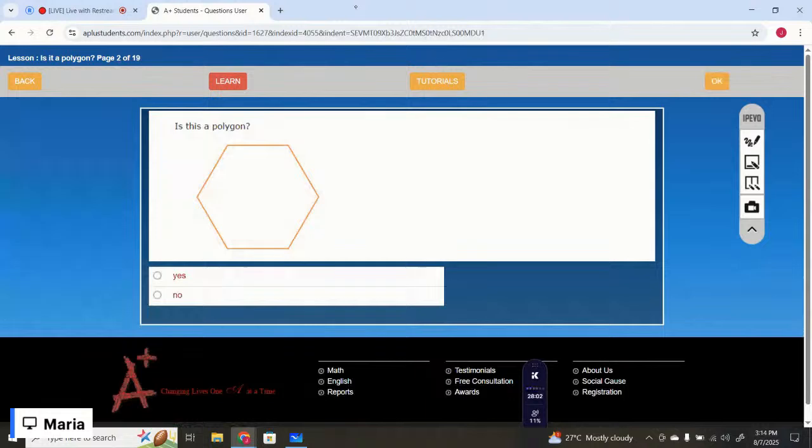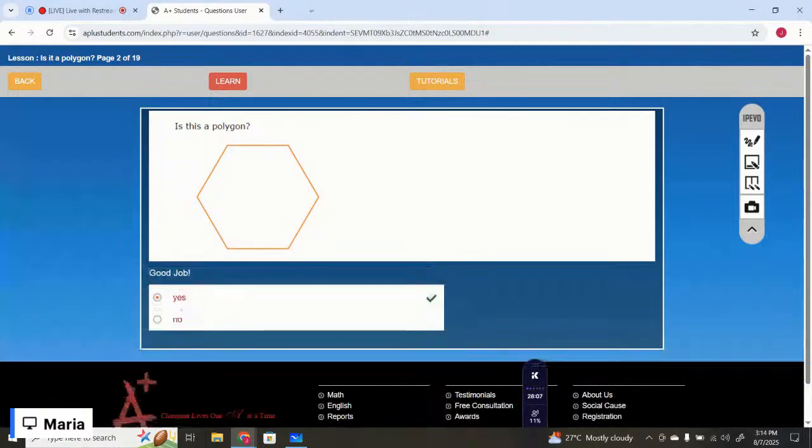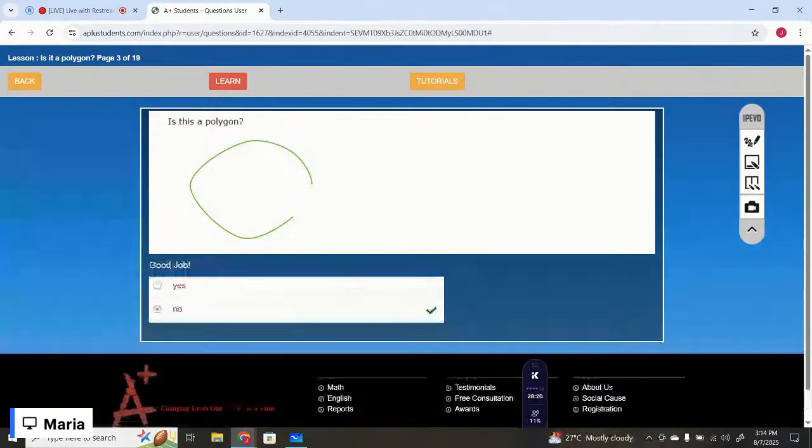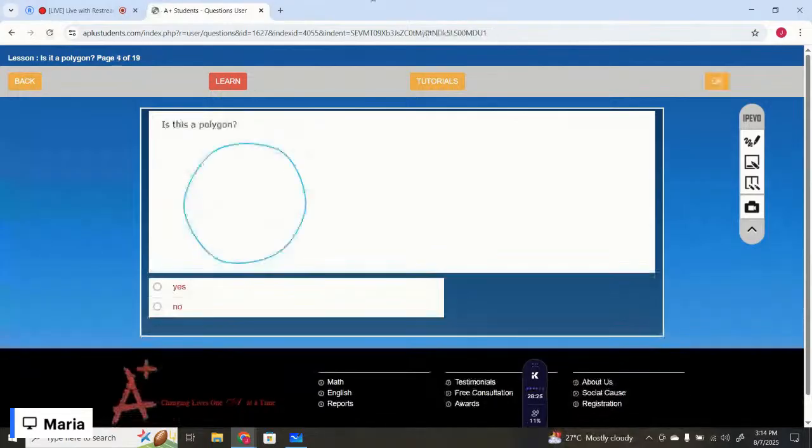Is this a polygon? Yes, it is a polygon. No, that is not a polygon. Is this a polygon?